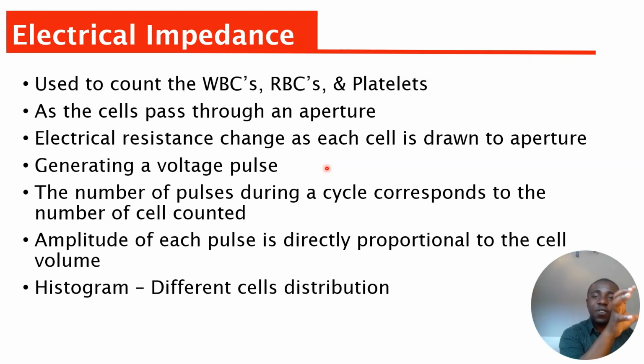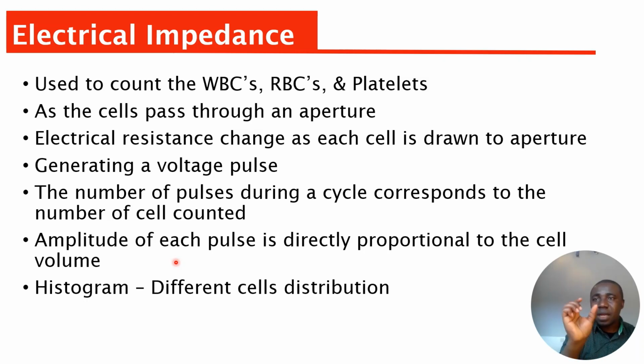As a neutrophil passes, it will give a certain kind of pulse. As a red blood cell passes, it gives a certain kind of pulse. As a platelet passes, it will give a certain kind of pulse. And the number of pulses during a cycle corresponds to the number of cells counted. So as the cells pass through, the number of pulses shows the cell count. Now, in addition to that, the amplitude of each pulse is directly proportional to the cell volume. What does that mean?